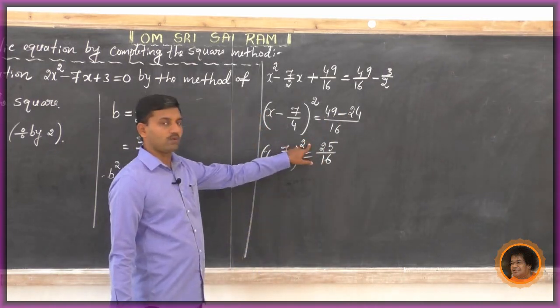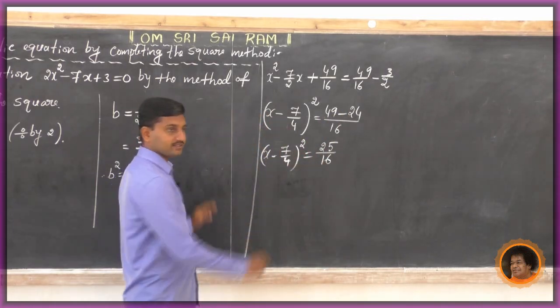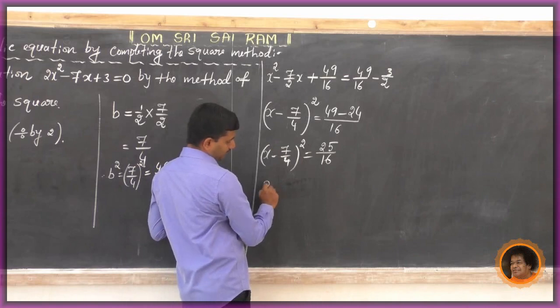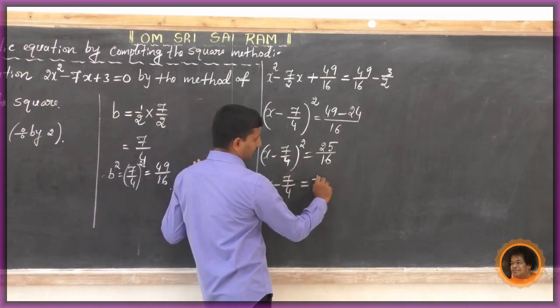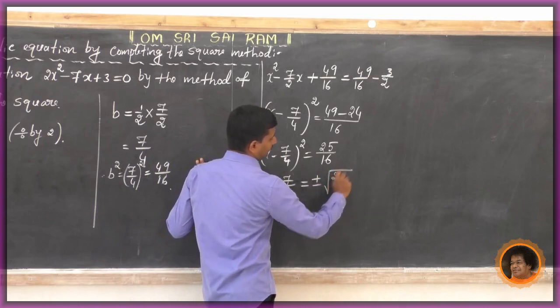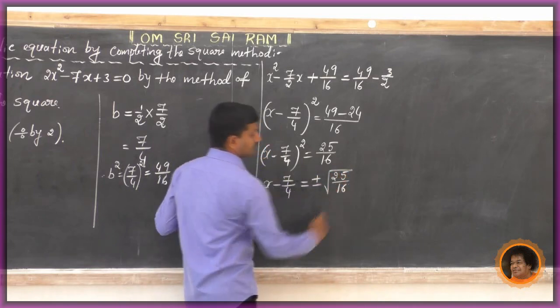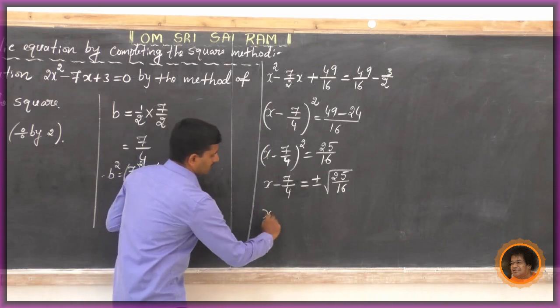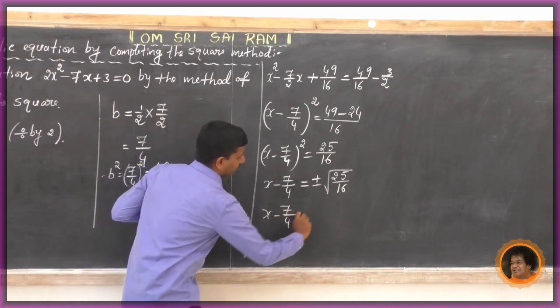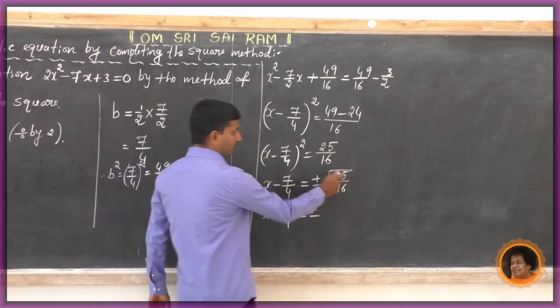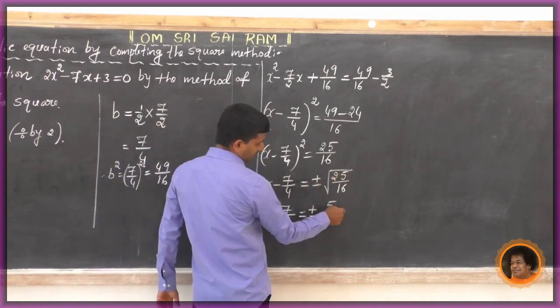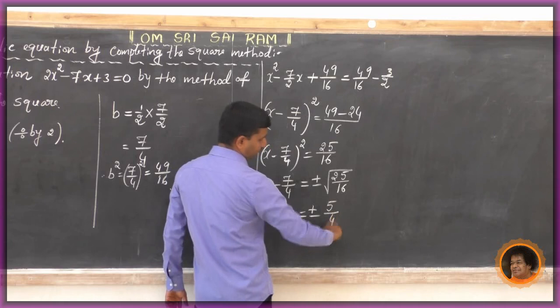Here whole square, taking square root on both sides. So x minus 7 by 4 equal to plus or minus square root of 25 by 16. Take the square root of 25, that is 5, and the square root of 16, that is 4.